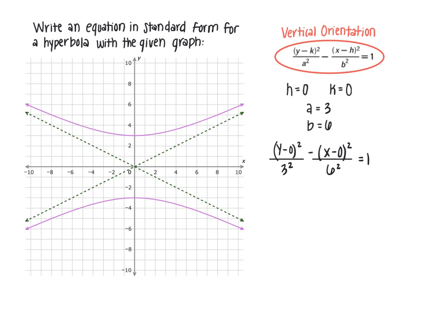So now I'm going to go ahead and just clean up the equation and square our denominators. I don't need these zeros in the top because they don't mean anything. So I have y squared minus x squared. Y will be divided by 9. X will be divided by 36. And this all equals 1. If you plug this equation into Desmos, you'll get the same exact picture of the hyperbola shown on your screen.